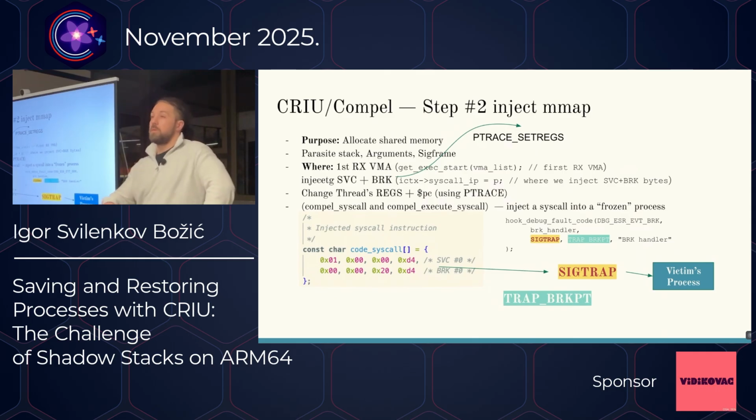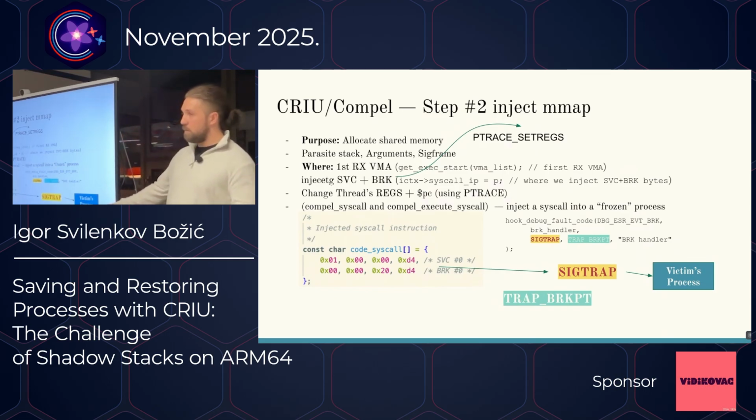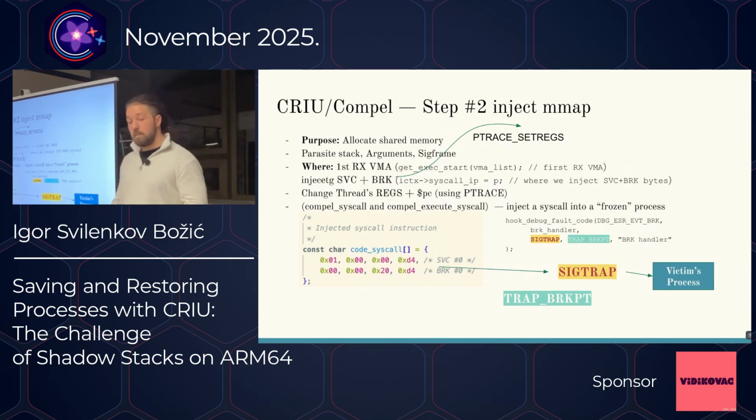And the kernel handles the syscall and then returns control back here, and the next step is BRK, which is an instruction for breakpoint. And if you look in the kernel sources, this eventually triggers a SIGTRAP back to the process.